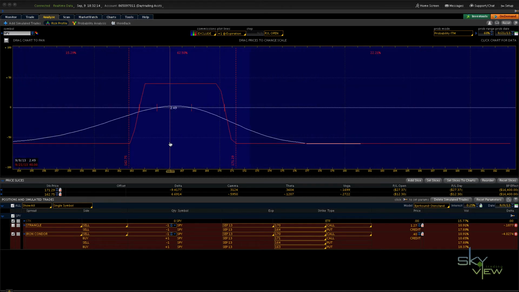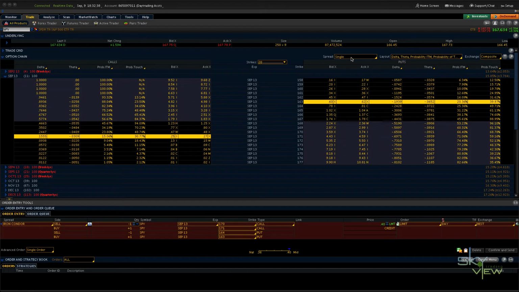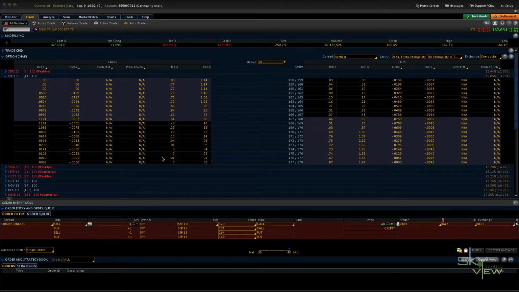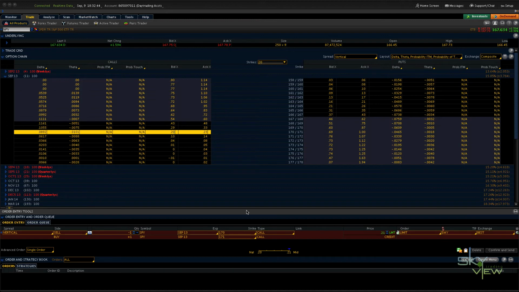Now it often confuses people why the risk is only $60 on this trade. Well, because an Iron Condor is basically the combination of a short call spread and a short put spread. And the short call spread, well, let's go back to the trade tab over here. And if we arrange this by vertical, the 170 by 171 is trading for 21 cents.